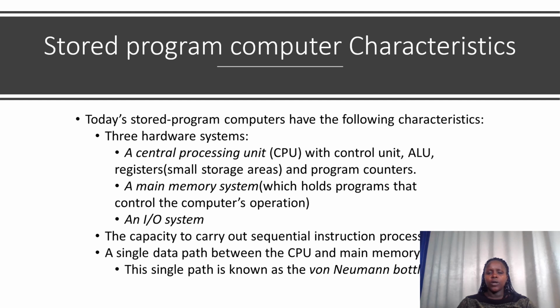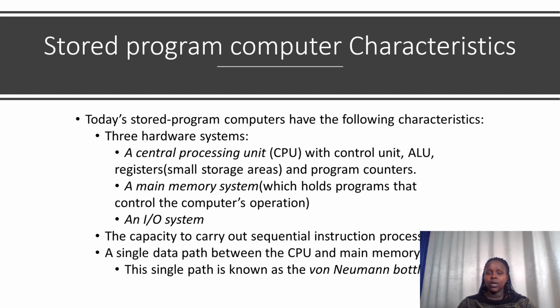The stored program computer characteristics. This stored program computer has three main characteristics. The first one is the three hardware systems. The three hardware systems comprise a central processing unit, which you call the CPU, with the control unit, arithmetic logic unit, and the registers.